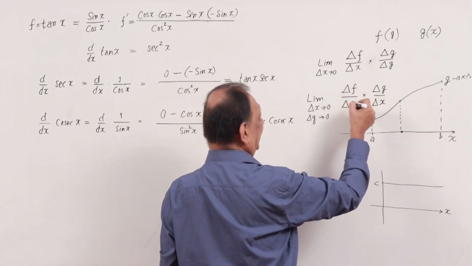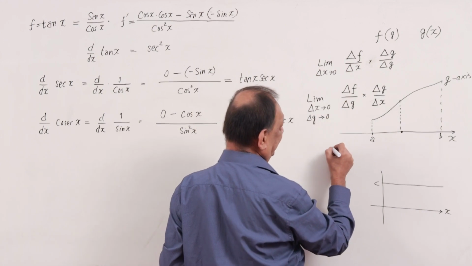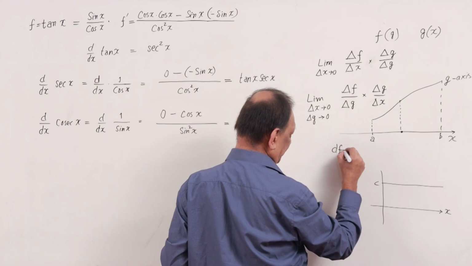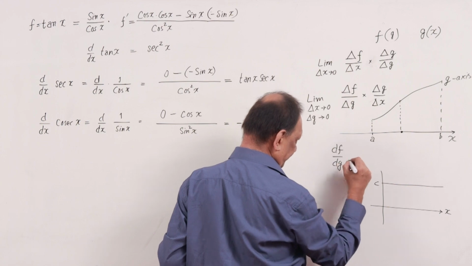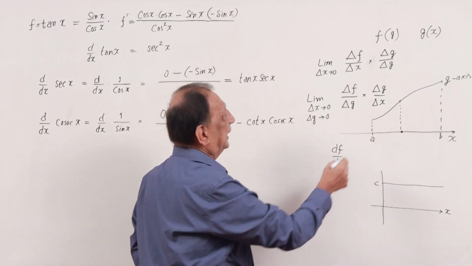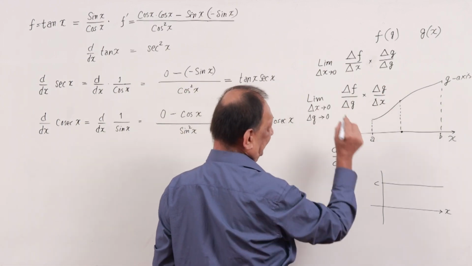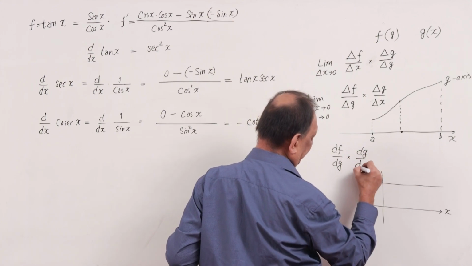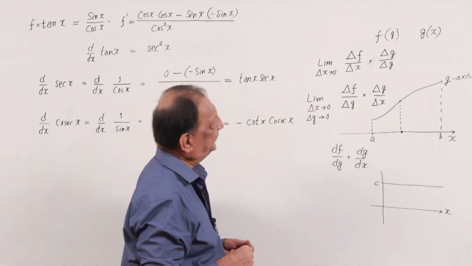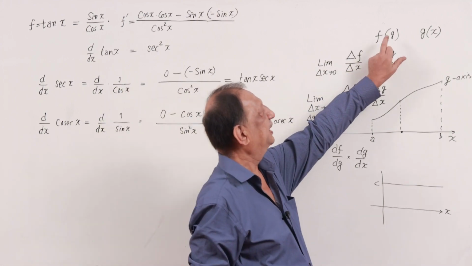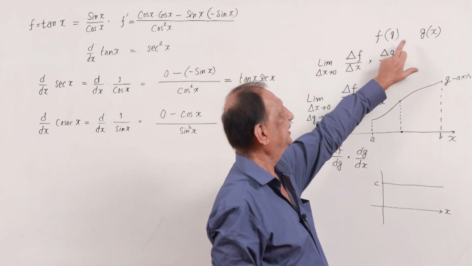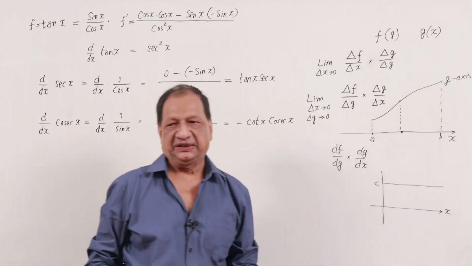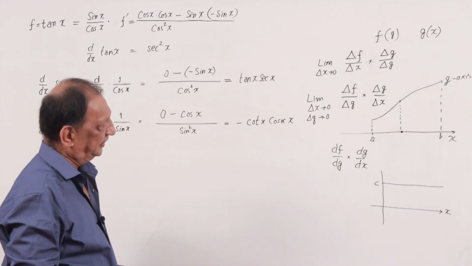So delta f by delta g, as delta g tends to 0, is df by dg. Delta g by delta x, as delta x tends to 0, is dg by dx. So differentiate f with respect to g and multiply by differentiating g with respect to x. So that's a function of a function.